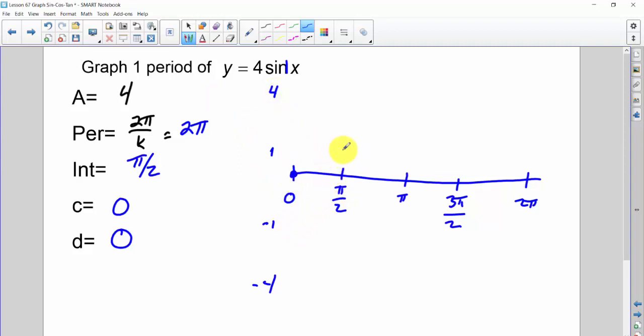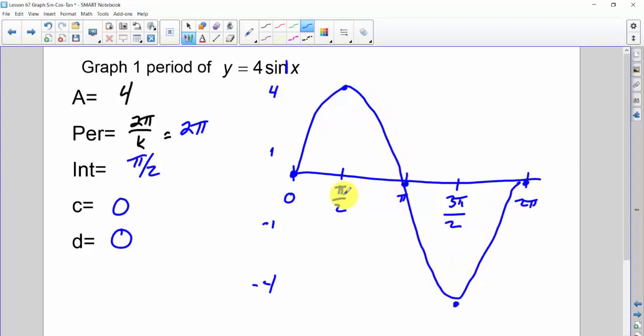This would normally be at 1. I multiply 1 by 4, and I get 4. There's my new amplitude. Goes back to 0. 0 times 4 is 0. Goes to negative 1 normally, but now it will go to negative 4, and back to 2 pi. So my graph looks exactly like sine, but it's been stretched out by 4 times. We know that this distance here from the midline is 4.